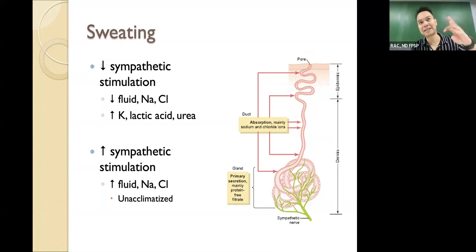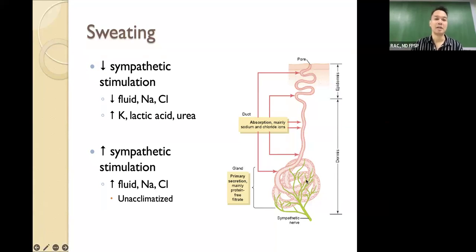Sometimes it smells a little bit sour. So that's the quality of sweat when sympathetic stimulation is low. However, if sympathetic stimulation is high, so for example, when you exercise, the amount of primary secretion would be greater.